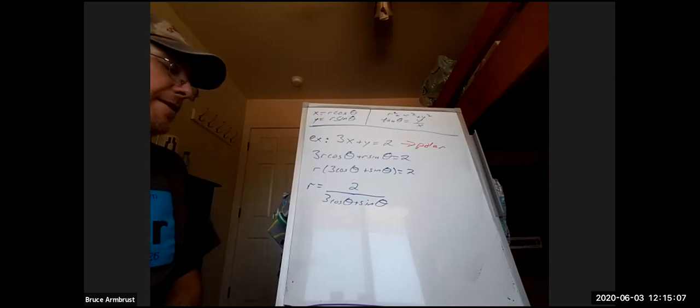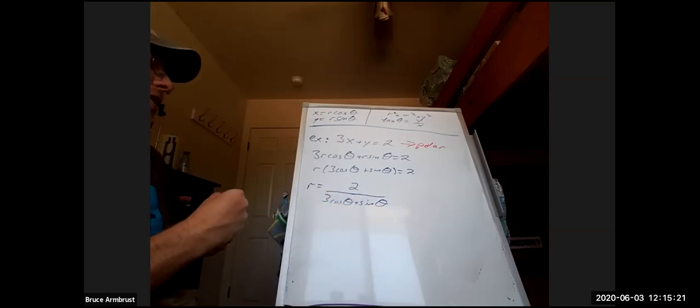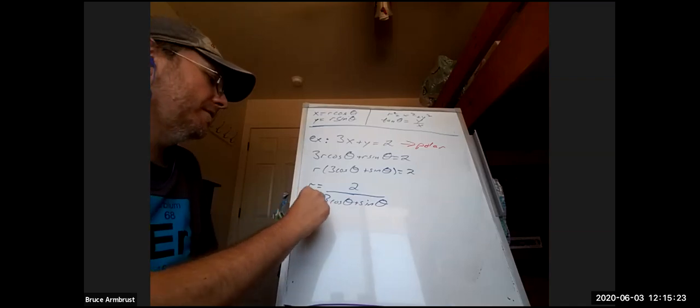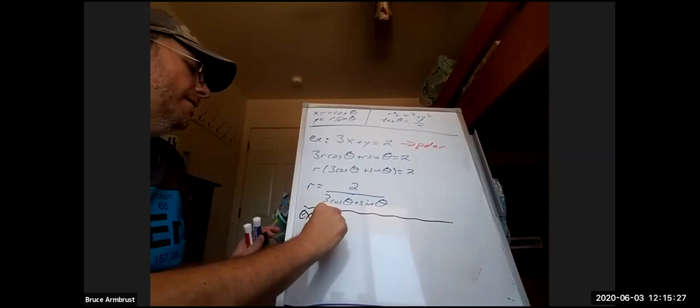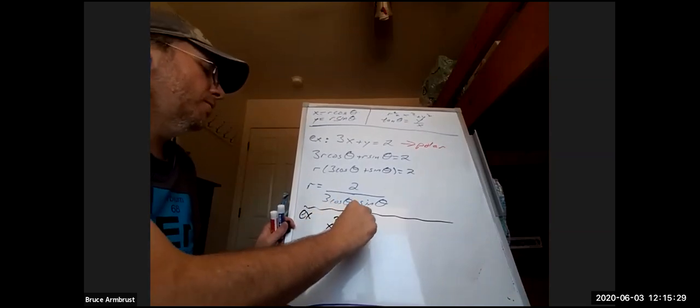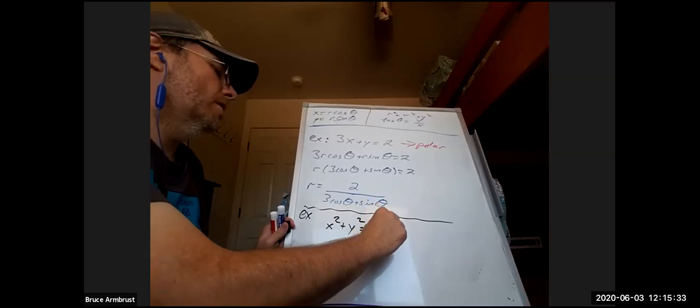But let me show you examples where that's not the case, where if we take something that's rectangular that looks kind of rough, it ends up being kind of nice. So here's another one, and you may actually know what this is. Let's go with x squared plus y squared equals 4.